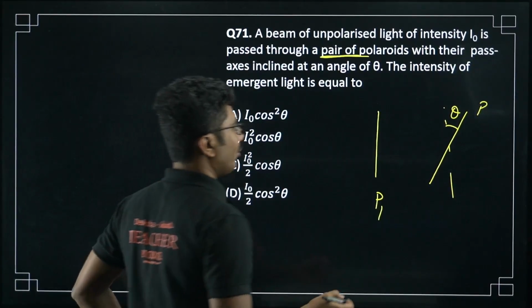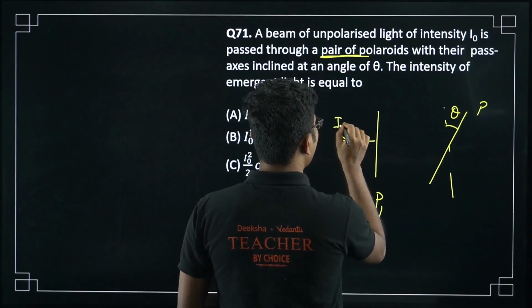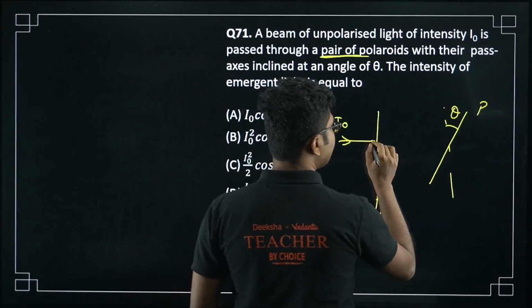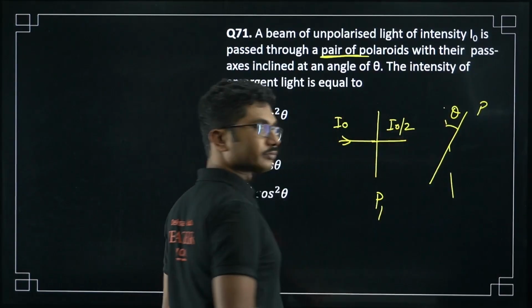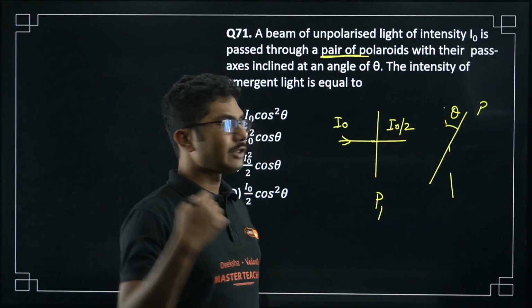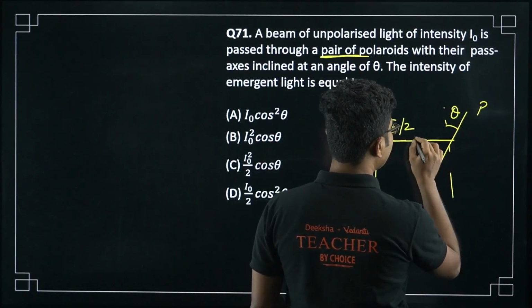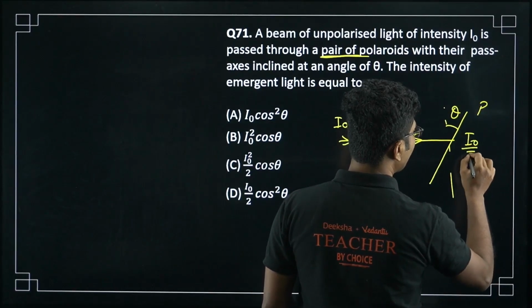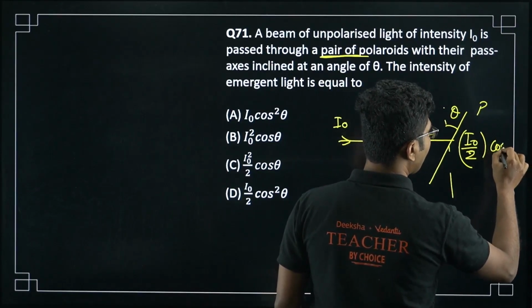No, wrong. When the intensity of the incident light is I naught, when it falls on the first Polaroid, after it gets polarized, the intensity becomes I naught by 2. Many students often ignore it. Now once it has passed through this, and again passes through the second Polaroid, it will become I naught by 2 into cos square theta.